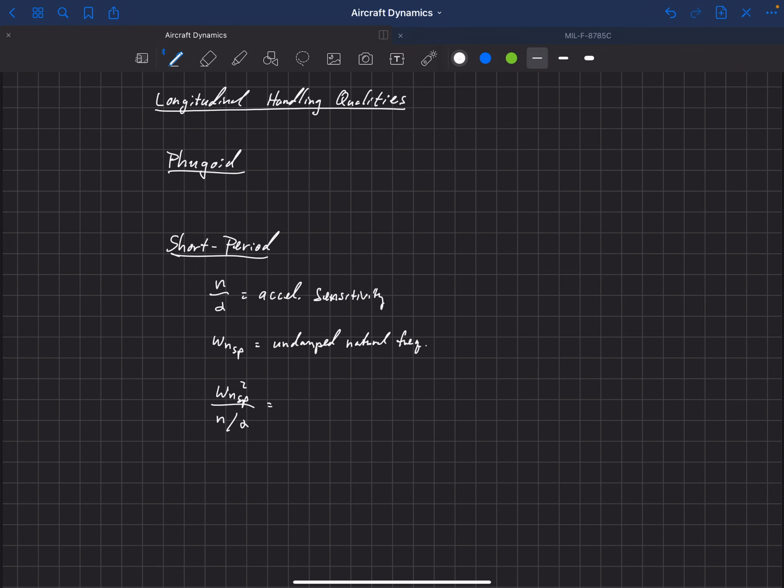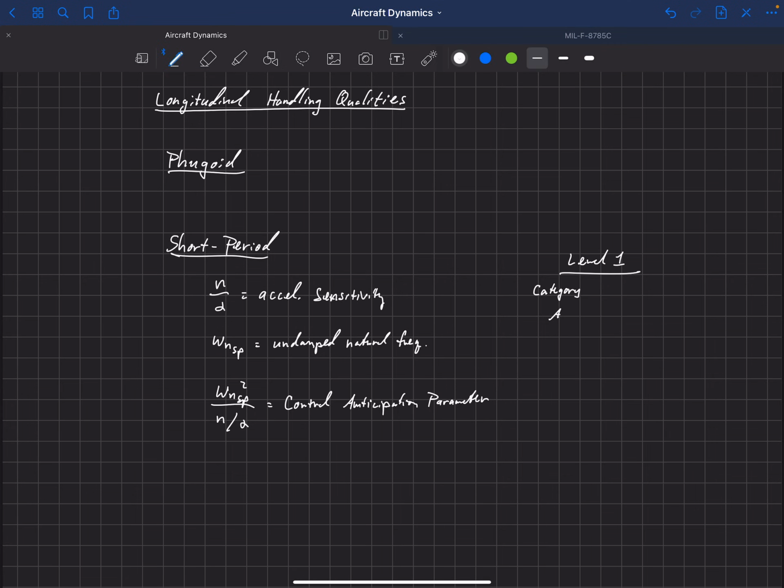this is what's called the control anticipation parameter. Okay, that's CAP. And so we can summarize the results here, what they found, in kind of a table. In order to have level 1 handling qualities, you needed, now this depended on category, so let's do category A here.